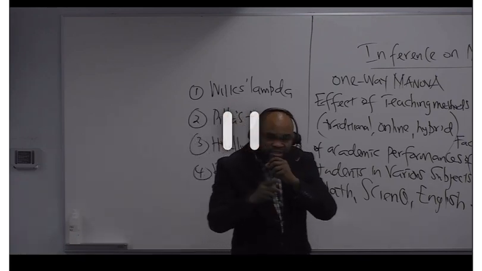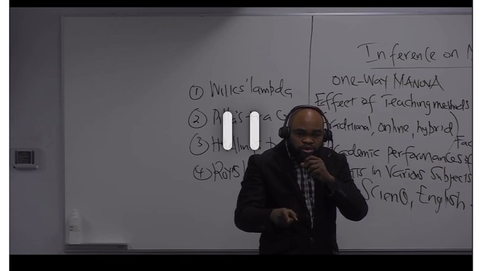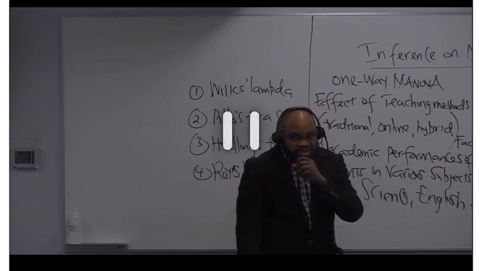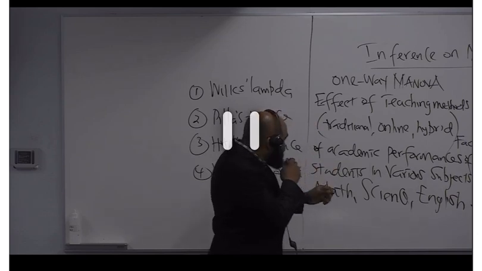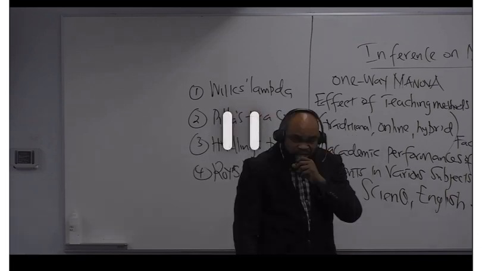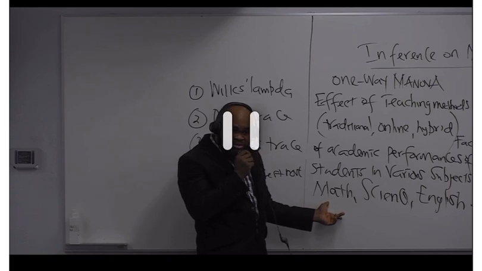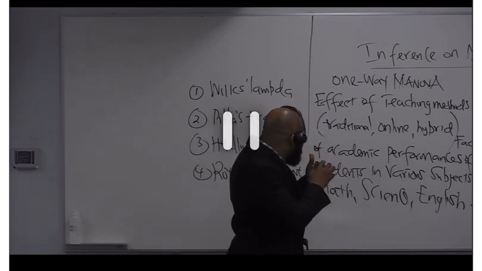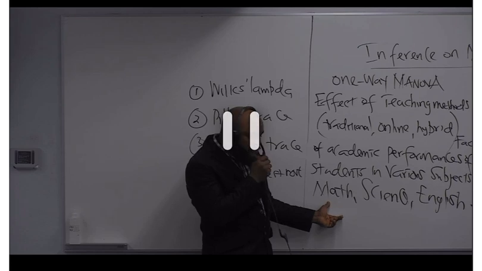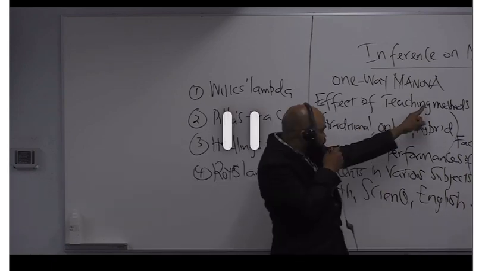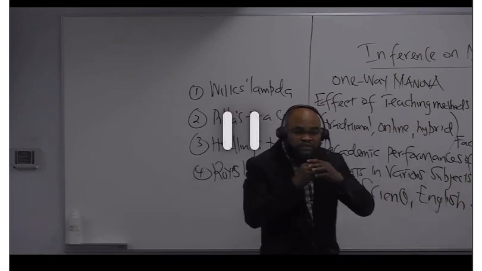What I'm going to do is go back to univariate ANOVA, where I consider the effect of teaching method on maths only, or the effect of teaching method on science only, or on English. But if the p-value is not significant, I don't need a separate ANOVA. I need a separate univariate ANOVA only if the p-value is significant.